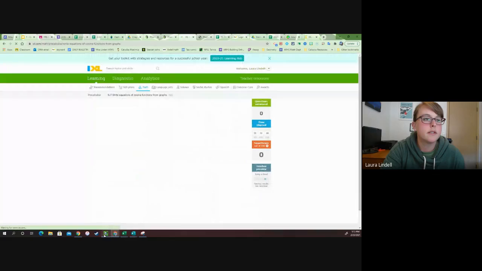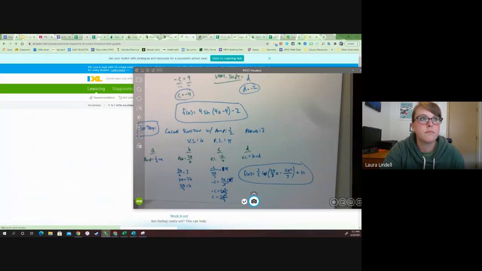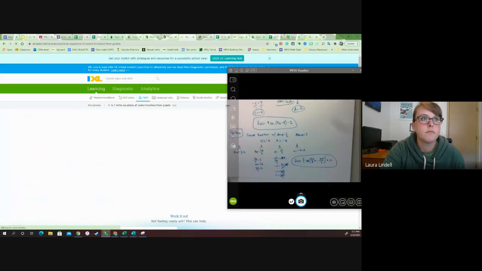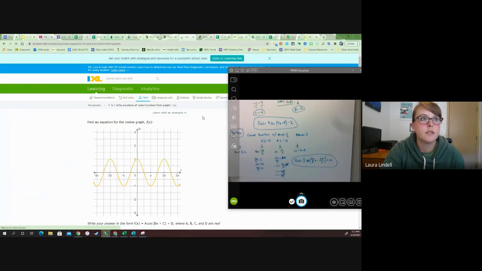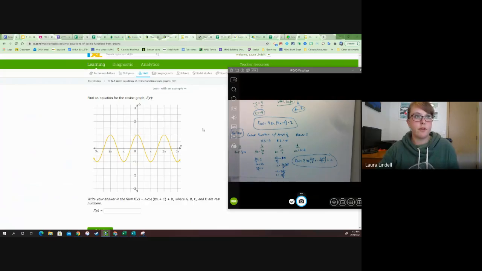That's the one we want. There we go. Okay, so it'll say things like find the equation for the cosine graph in this format here.